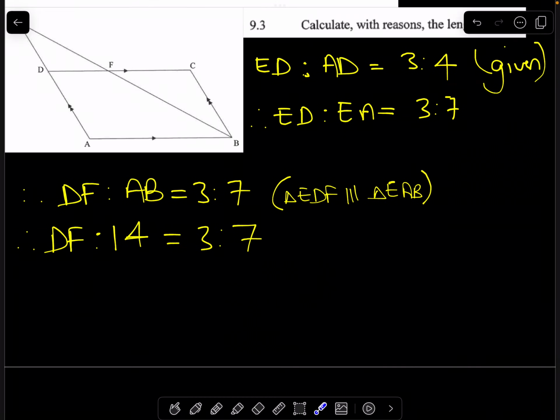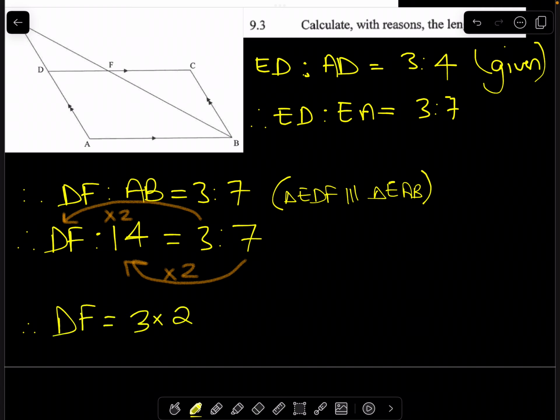And to go from 7 to 14, we're timesing by 2, right? So to go from 3 to DF, we're also going to need to times by 2 in order for these ratios to be equal. So DF is equal to 3 times 2, which is 6 units.